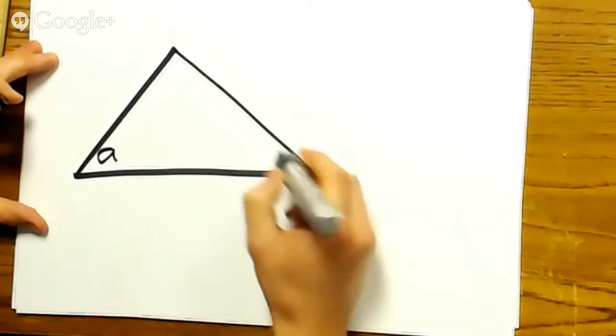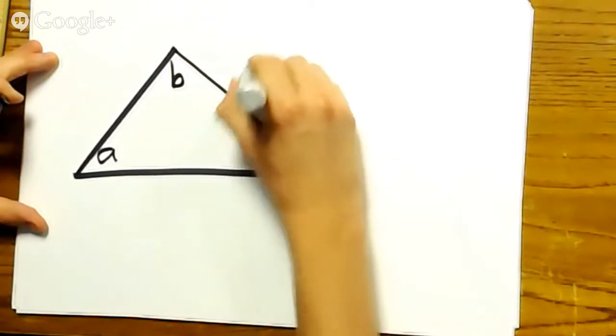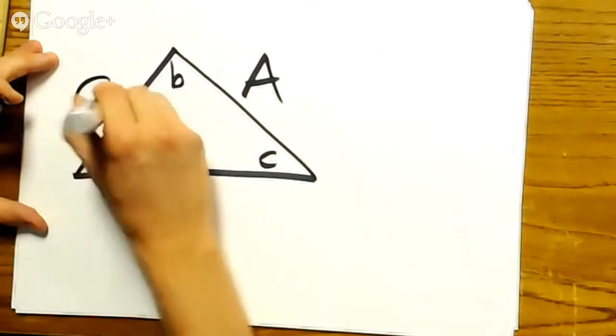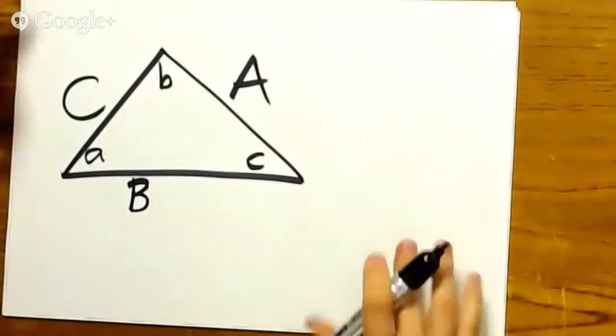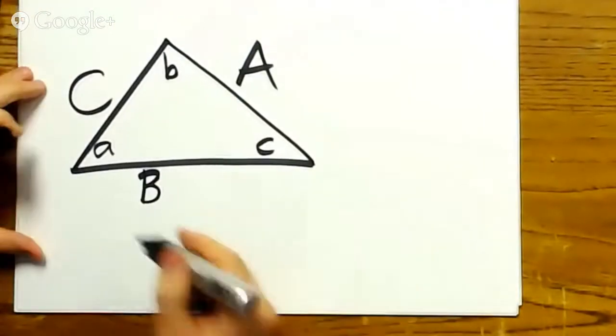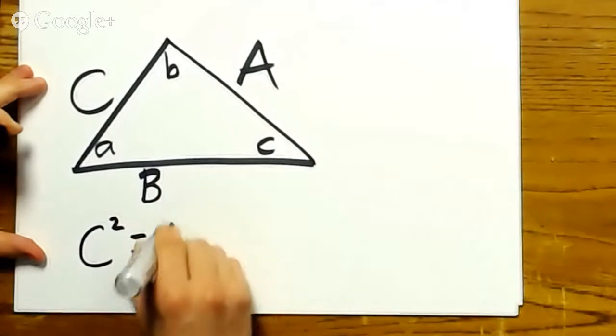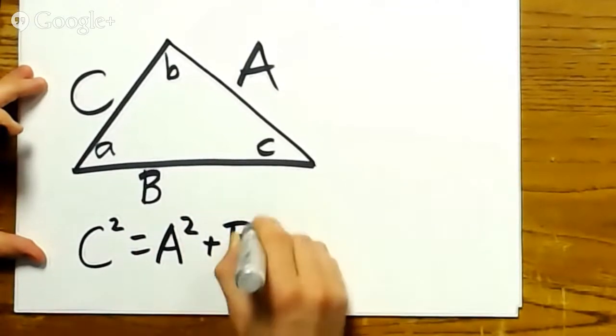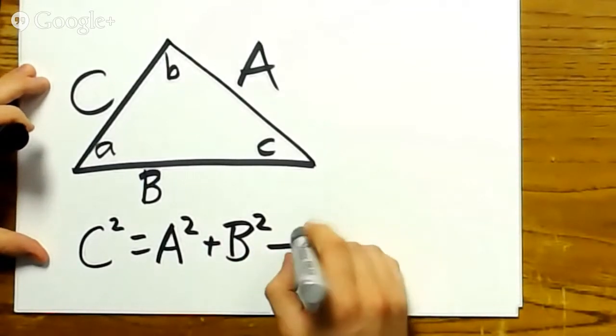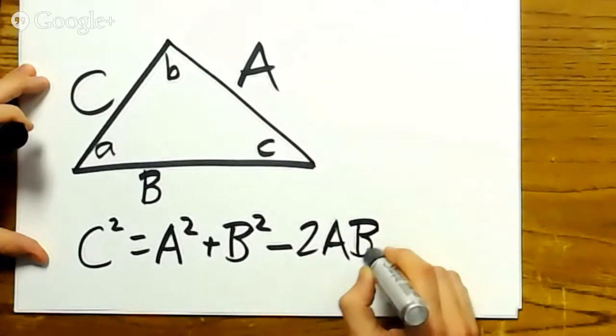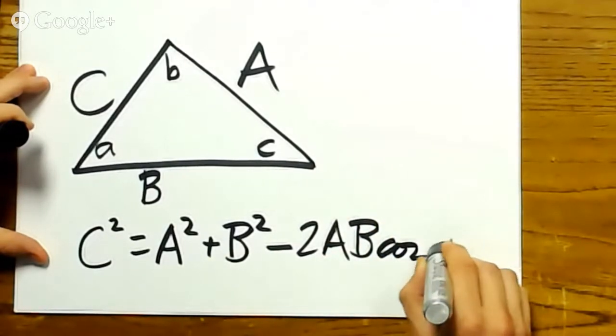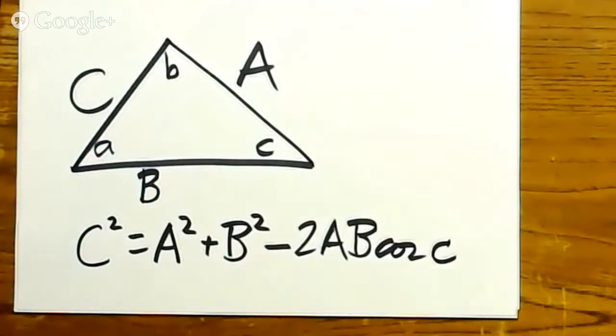But in general, for any triangle, c squared equals a squared plus b squared minus 2ab cosine angle C. That might not look any nicer.